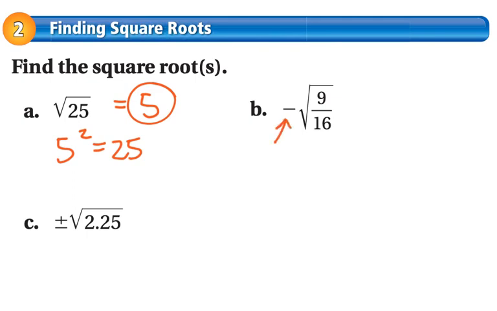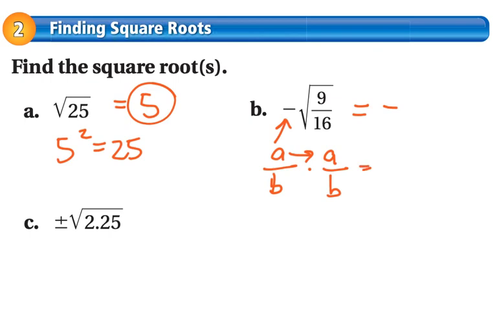Once you start to see fractions and decimals, you might feel a little uneasy, but there's no need here. Again, they want the negative square root, so we do need to include our negative sign. Now we think about how we actually multiply fractions. If we had a fraction like a over b, to multiply it by another fraction, it would just be itself, a over b, and we'd multiply straight across.